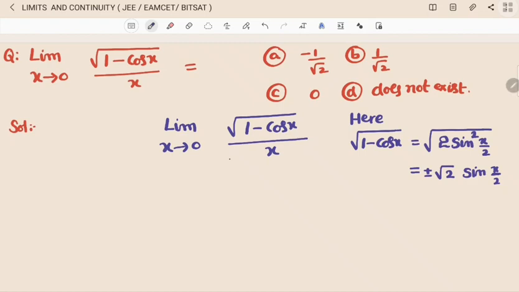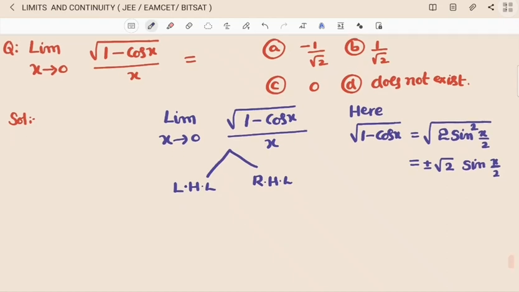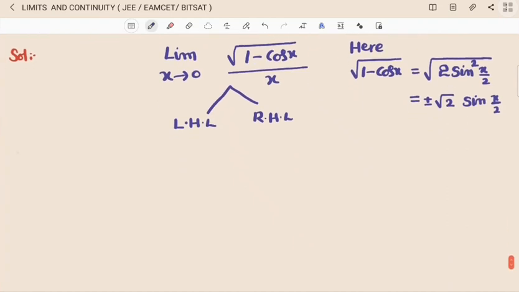So to adjust this limit, we need to calculate left hand limit and right hand limit. If both the limits are equal, then only the limit exists at the point. Otherwise limit does not exist. So first I am calculating limit x tends to 0 minus, left hand limit.